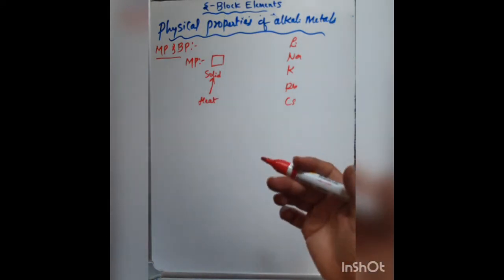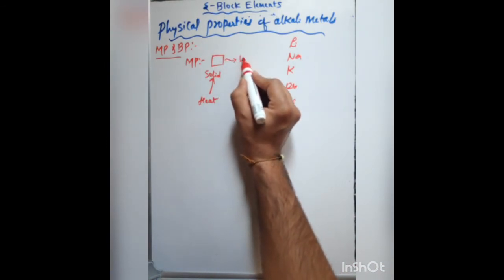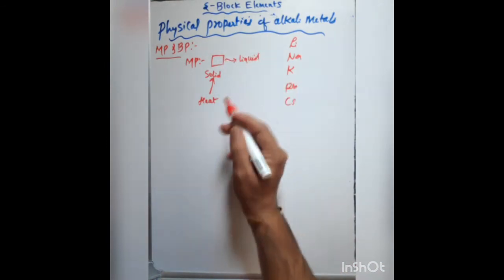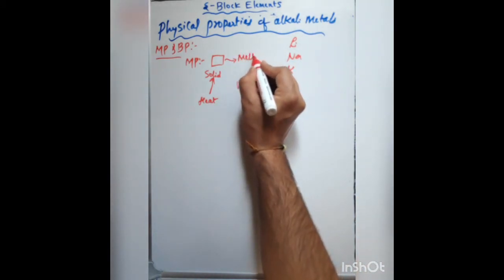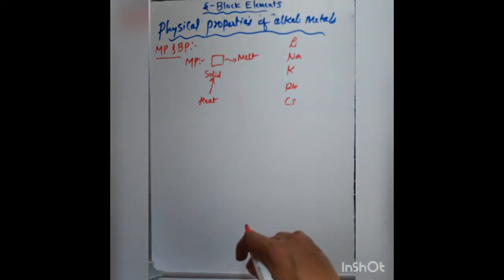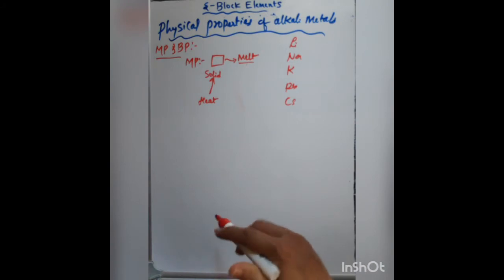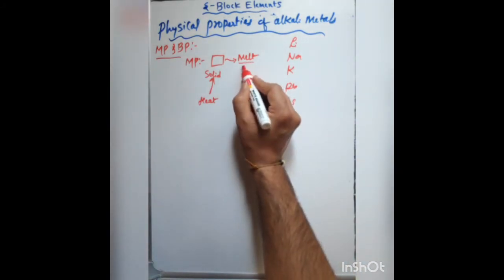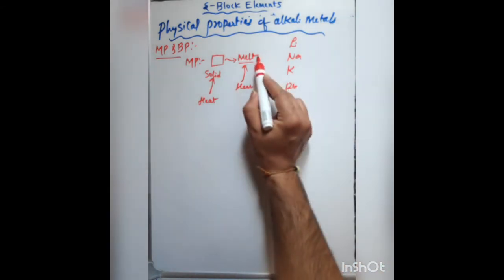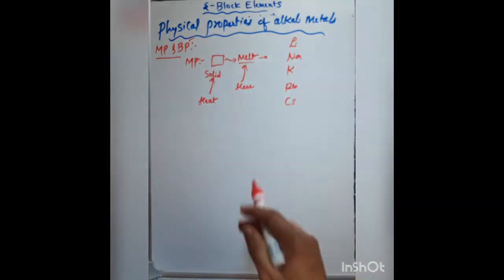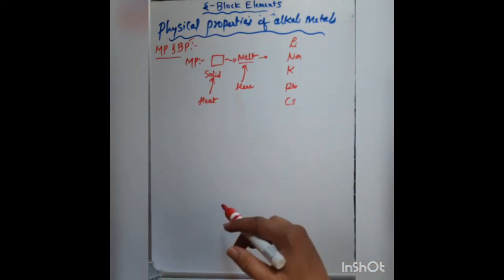So at one particular temperature, this solid will become liquid, or in more general term I can say that it will melt. So that temperature is called as melting point. And if I continue to heat it, even after it becomes liquid, eventually at one temperature it will start to boil. So that temperature is called as boiling point.